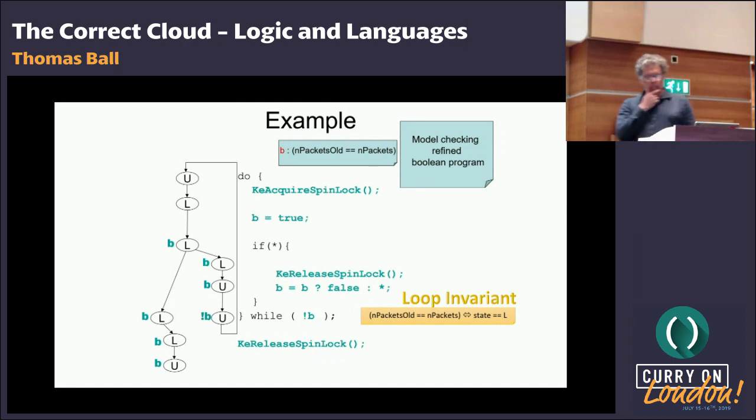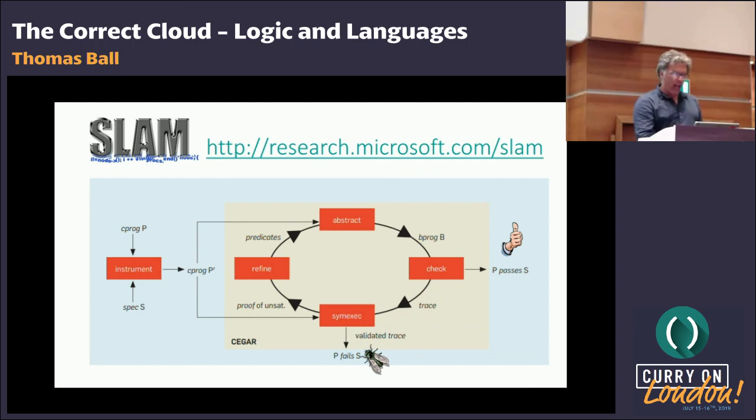So this is something we did 20 years ago, and it was the idea of reducing a hard problem, in fact, an undecidable problem, of safety properties of C programs to a simpler problem of model checking of Boolean programs. And so this is actually a semi-algorithm because it can iterate forever, finding predicates and never finding a proof, but often it will terminate, and it will terminate by finding bugs, which is really what we were after here.